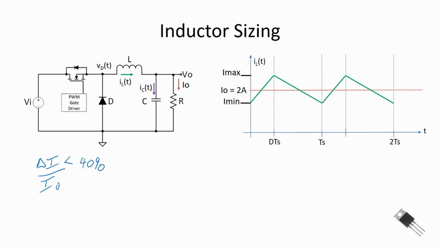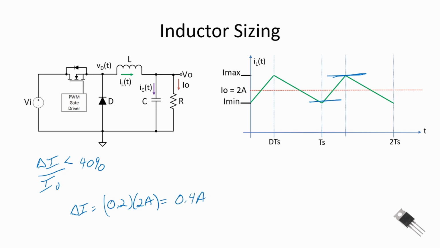So we do not want to exceed 40% of the output. I'm going to be more conservative, and I'm going to start with a delta I equal to 20% of our output current. So 0.2 times 2 amps will give us this ripple current through the inductor, and that's equal to 0.4 amps.